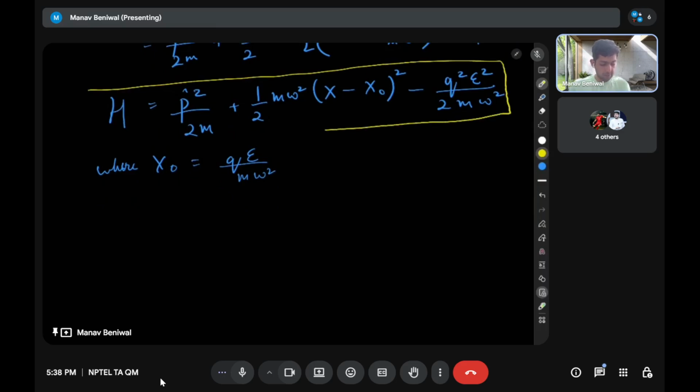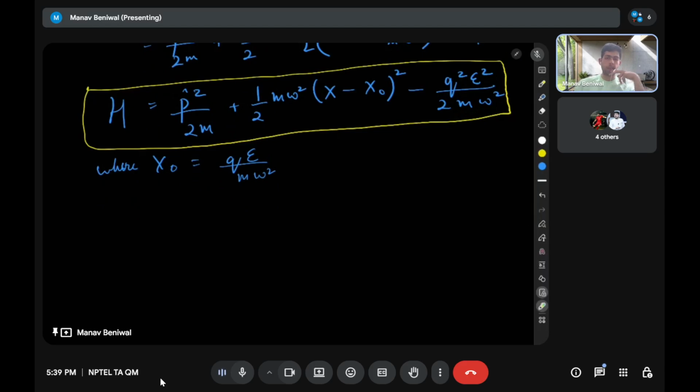So we have done some readjustment, otherwise we have not changed anything at all. If we put this value of x naught back here and open this square, we will essentially get the same thing. But notice what we have managed to do. The last term is an energy term, q squared E squared divided by 2m omega squared.